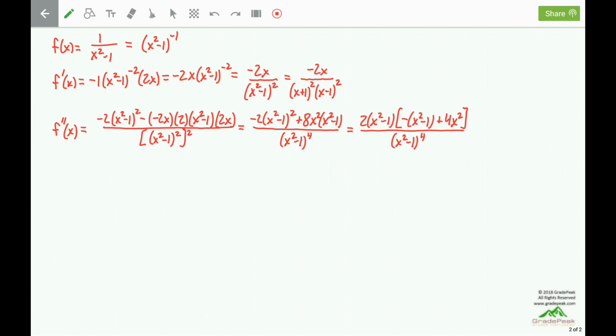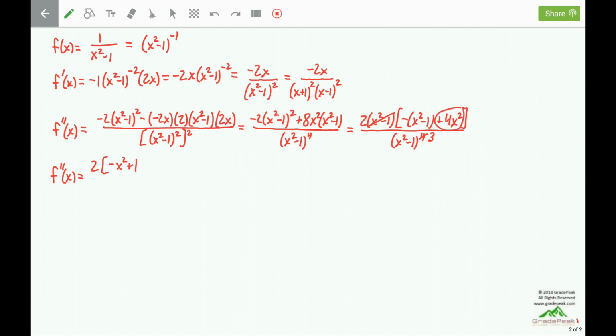Now that we factor out the x squared minus 1 factor, it can cancel with one of them in the denominator, leaving 3 of them in the denominator. In the numerator, we have a 2. Inside of the square brackets, we can distribute the negative in here, which will be a negative x squared plus 1.